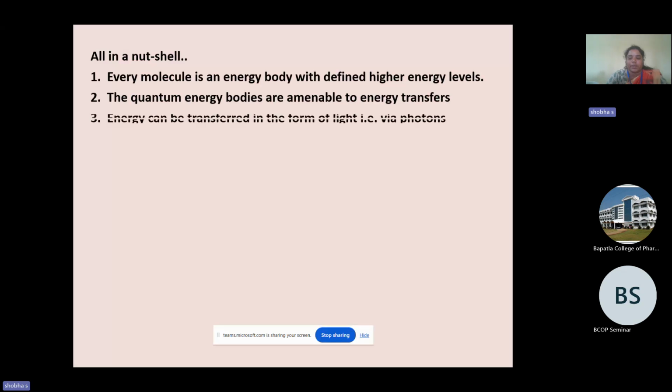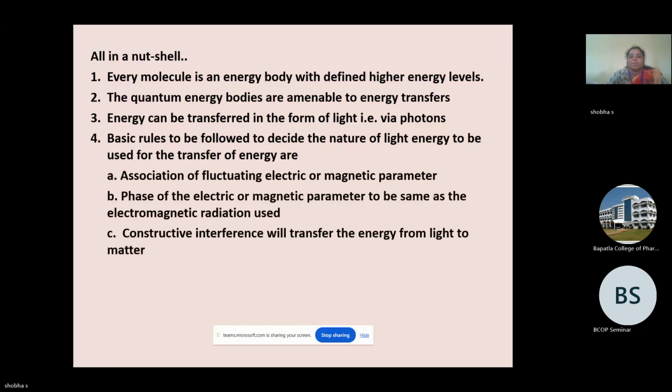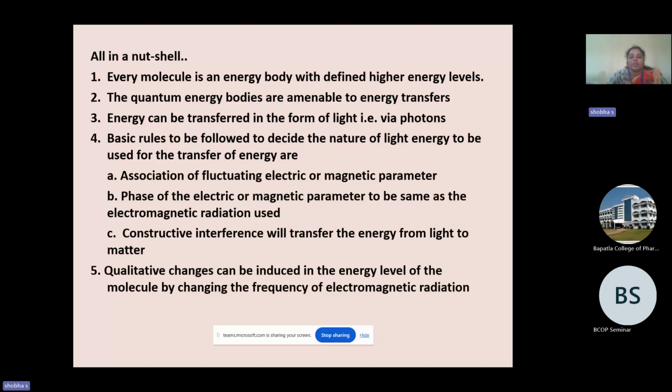So overall, for this demonstration, first we need to know what a molecule is, how it has energies at different levels, and how quantum energy bodies give and transfer their energy from one state to another, mainly with respect to photons. That is the only thing.